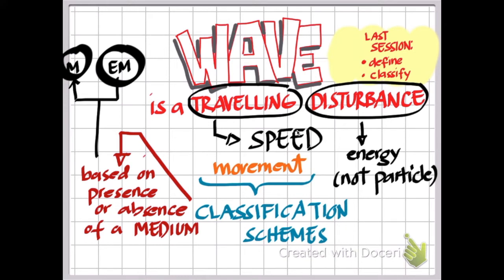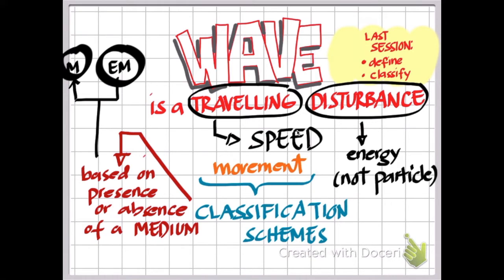Each member of this family of waves can travel with or without a medium. Classification scheme number one is either mechanical or electromagnetic wave, and the basis for this classification is the presence or absence of a medium.